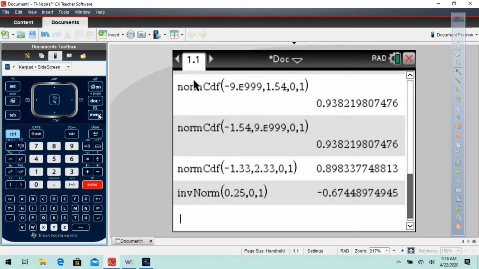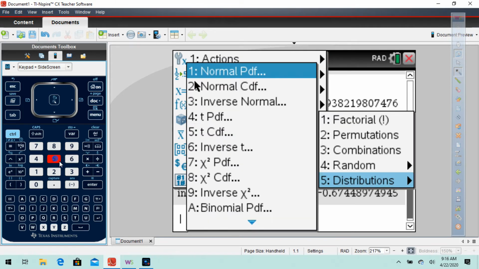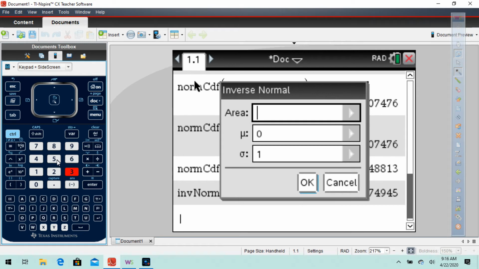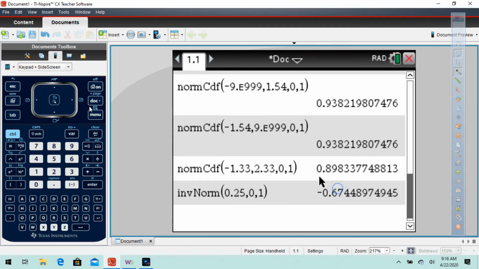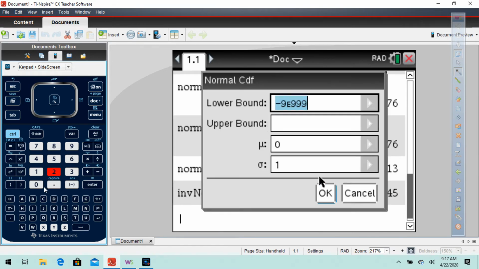So let's go in here, Menu 5, 5, 3, area. Oh, the mean is greater than 0.5. That is not the one I want to use. Menu 5, 5, 2, lower bound is 0.5. Upper bound is positive infinity. The mean stays 0.